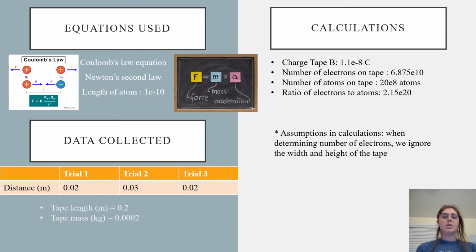Alright, so when we determine the charge on tape B, we are going to be using Coulomb's law and Newton's second law.